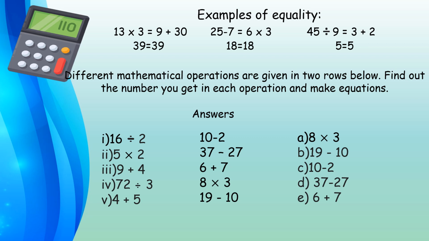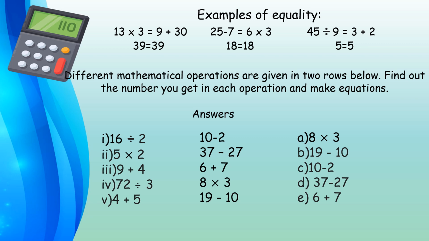Third example of equality with other forms like division and addition. 45 divided by 9 on the left hand side, and on the right hand side 3 plus 2. Now what is the answer? It's 5 equals 5. So when we get RHS and LHS equal, that is both sides are equal, it is said to be a balanced equation. They are under the form of equality.